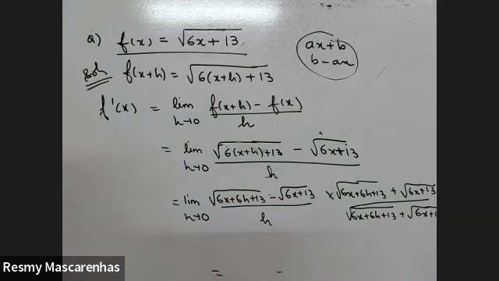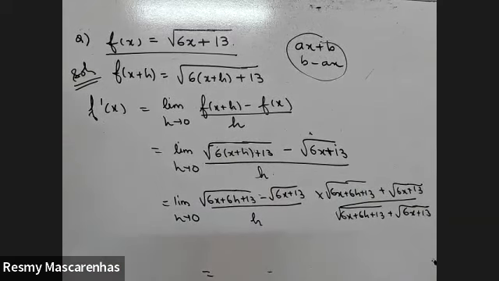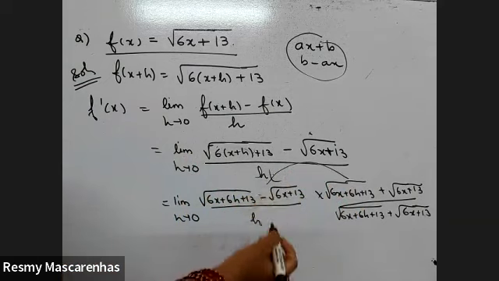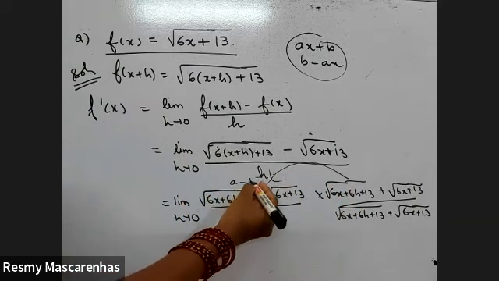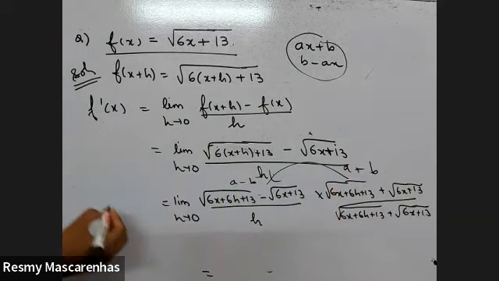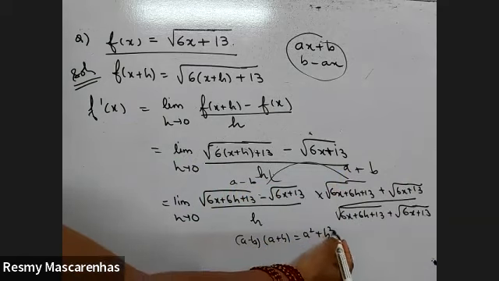So I have to multiply numerator and denominator with plus sign. Now this is in the form of a minus b into a plus b. A minus b into a plus b, you know that it is a square minus b square.